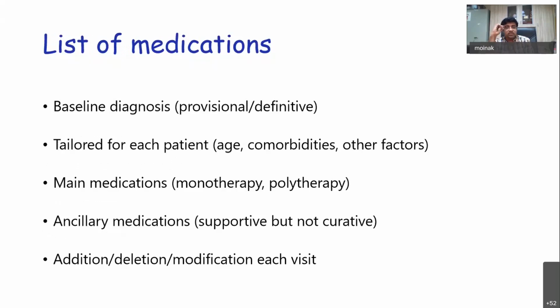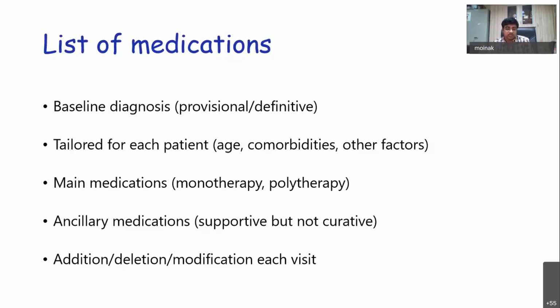When we write a list of medications, we usually have a baseline diagnosis, which is provisional or definite, tailored for each patient in terms of his age, comorbidity, and other factors. So somebody with diabetes mellitus may have a different prescription, and a pediatric patient may have a different prescription.